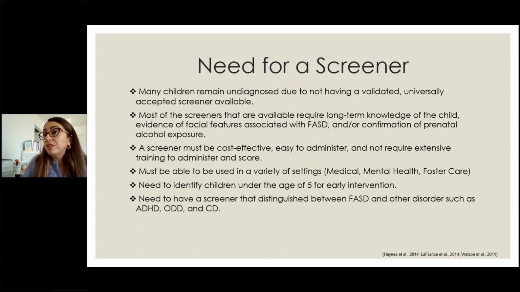We may not give the diagnosis, but giving the early intervention services, OT, PT, speech, that's going to get them ahead. So therefore, we really shouldn't be tied up with the confirmation of prenatal alcohol exposure for the screener. I'm not saying for a diagnosis, but for the screener to be utilized.